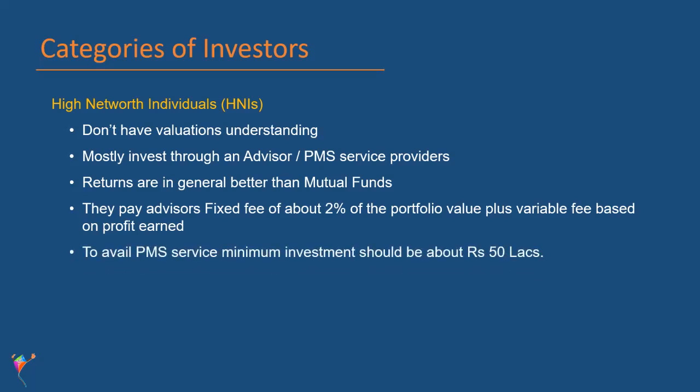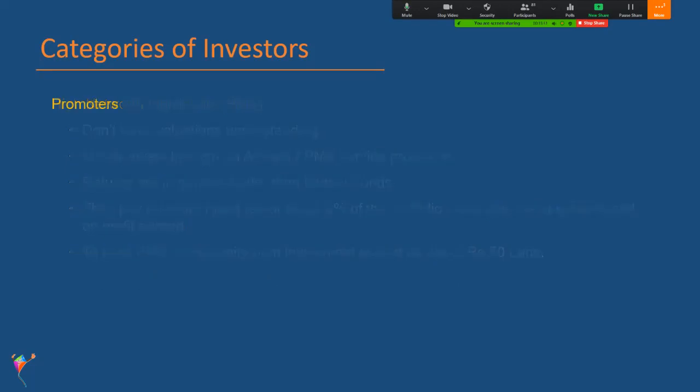The minimum investment required to avail the service of a PMS is rupees 50 lakhs. So a small investor with an investment portfolio size of say 20 lakhs or 30 lakhs doesn't have recourse to PMS. So they have to go through either an advisor or on their own.